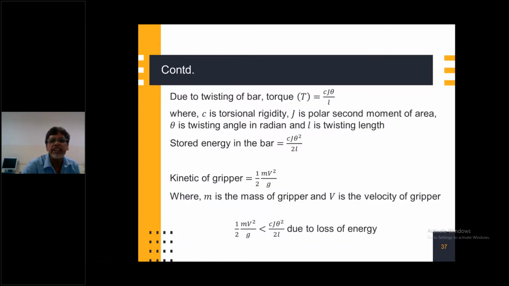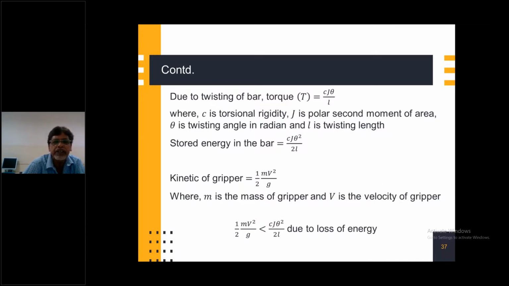In mathematical terms, the total energy stored in the bar is C theta square by 2, where C is the torsional rigidity of the bar, J is the polar moment of inertia, which is a function of the diameter, theta is the angle of twist, and L is the length of the bar.